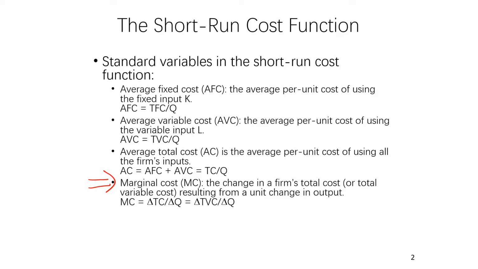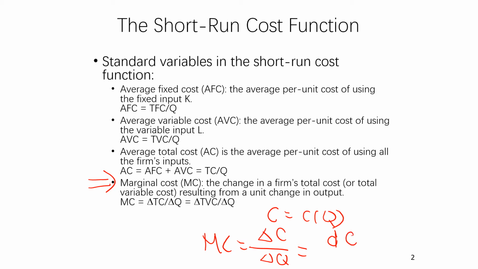So we have, say, a cost function C as a function of Q. Then marginal cost is the change of total cost divided by the change of quantity, or in terms of differentiation, dC over dQ. Okay, that's the marginal cost, and this is important.